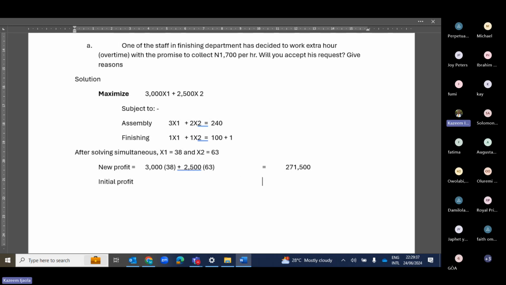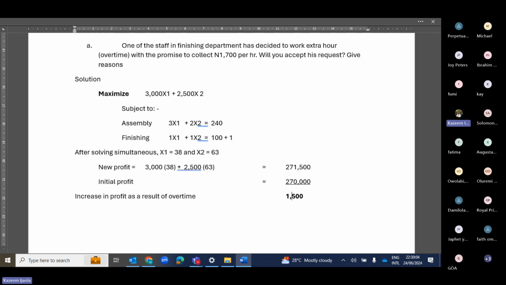Then the initial profit is how much? His initial profit is 270,000. So if you look at this now, the increase in profit as a result of overtime is how much? 1,500. Whereas the guy is asking for how much? 1,700. So we are going to reject the offer.